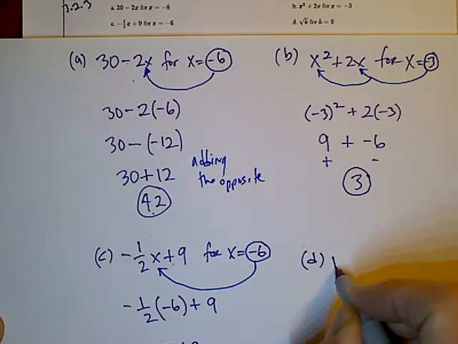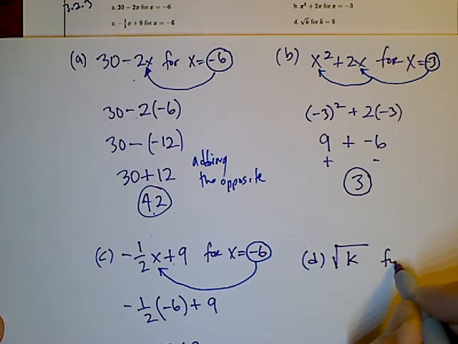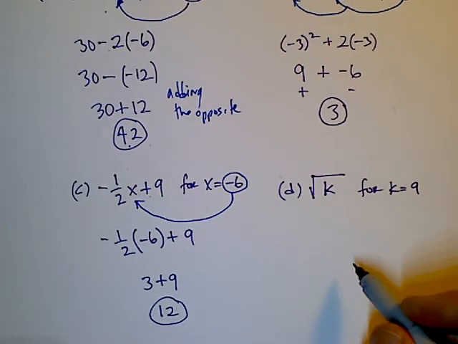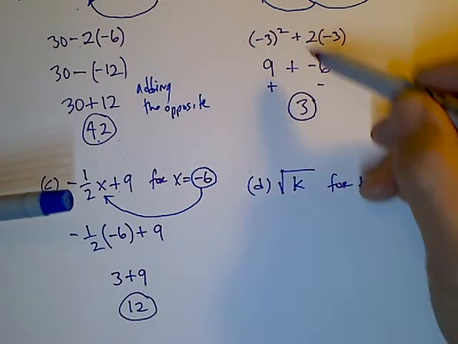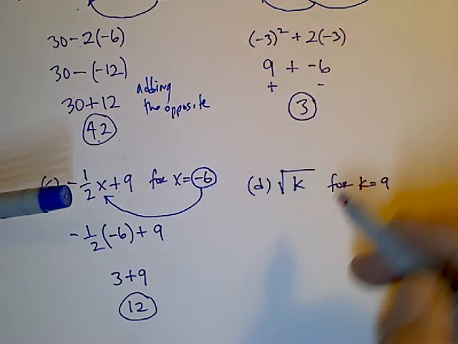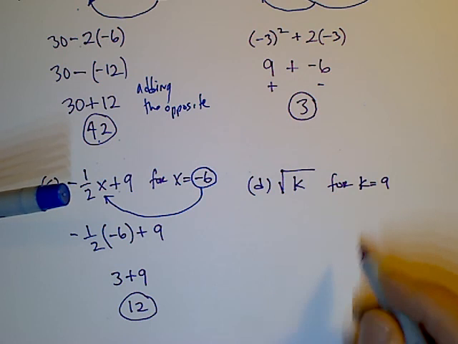D is the square root of k, and it says for k equals 9. So that symbol here is the square root symbol, right? Square root symbol is really our opposite of squared. Right here we had squared. When you square something, you multiply by itself. In this case, square root is the opposite of that, the reverse operation.